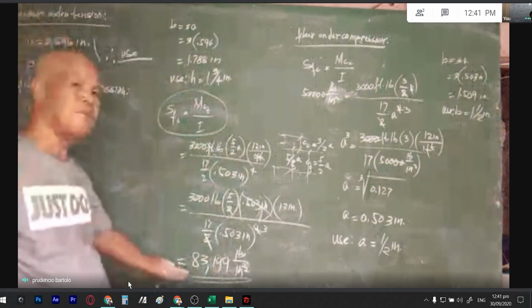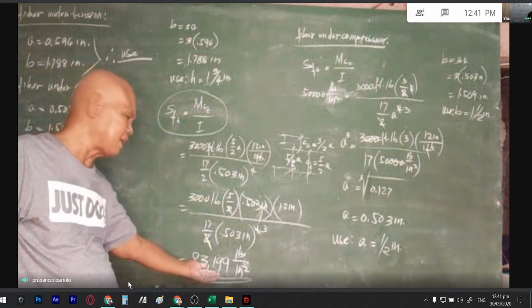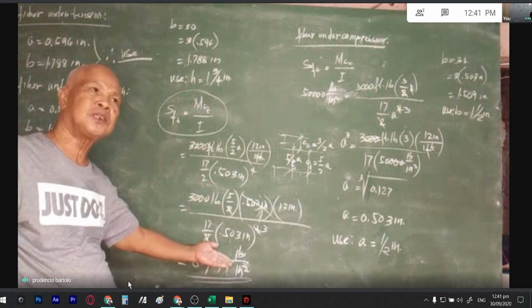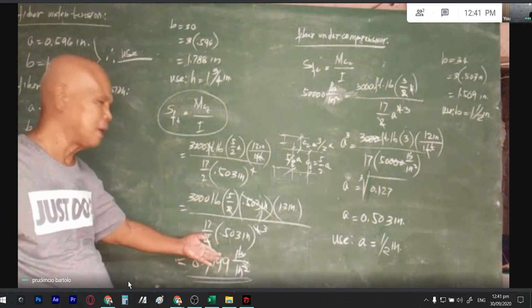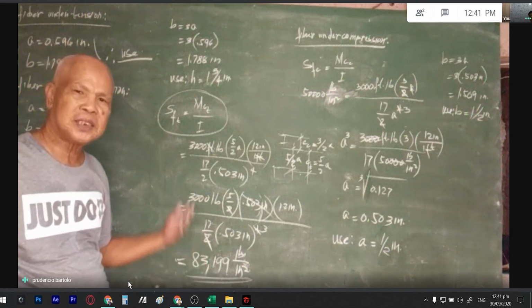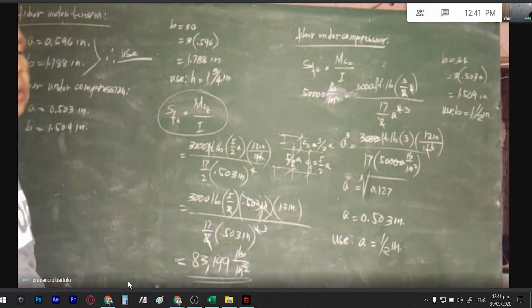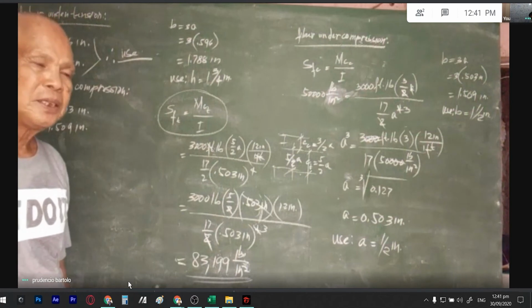We developed 83,199 pounds per inch squared, so it will overstress the allowable of 50,000 pounds per inch squared.